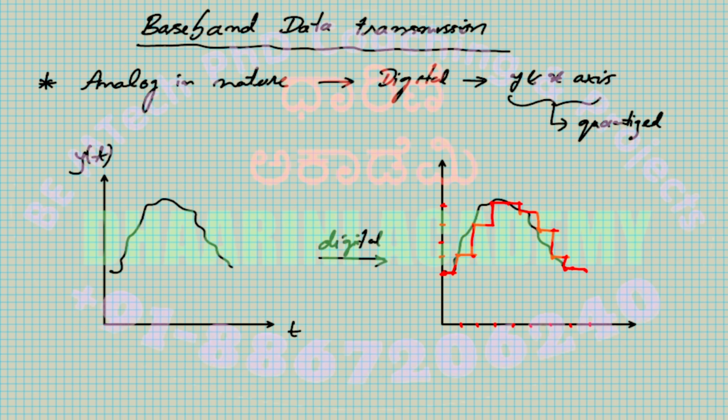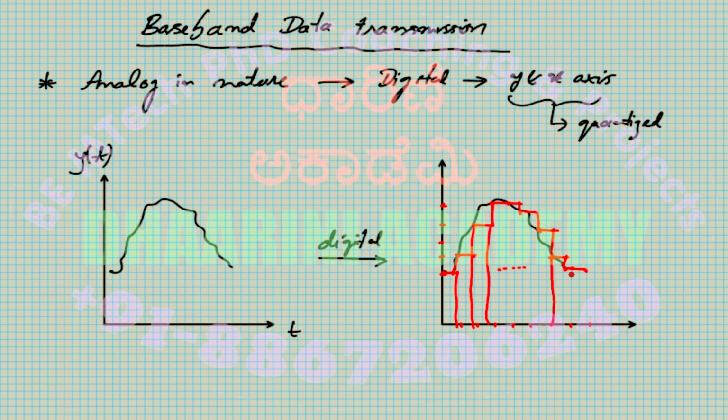And I am converting the baseband analog signal into the equivalent discrete signals, wherein I can see a lot of pulses coming into the picture. Where are the pulses? See, this is a pulse. This is the next pulse. This is the third pulse. I'm trying to represent everything in the form of pulses.